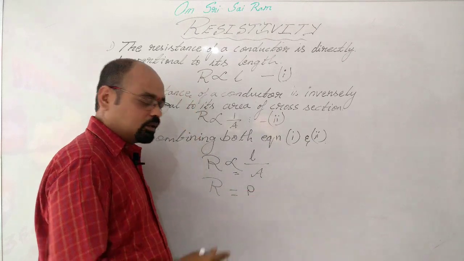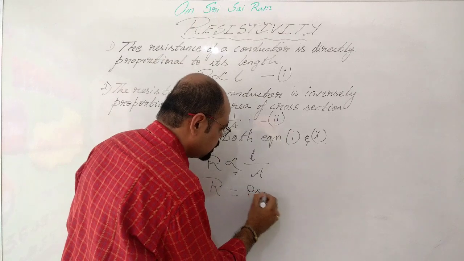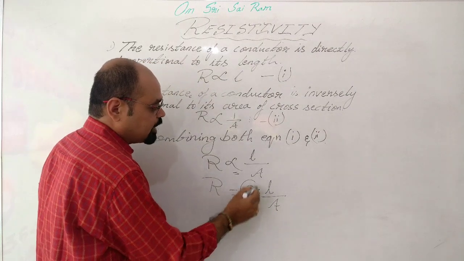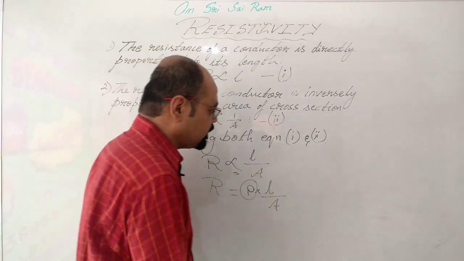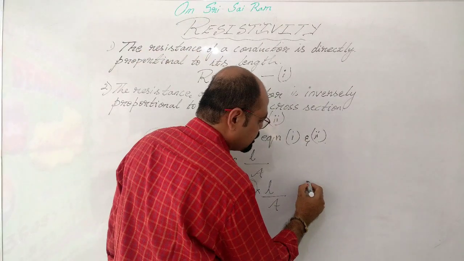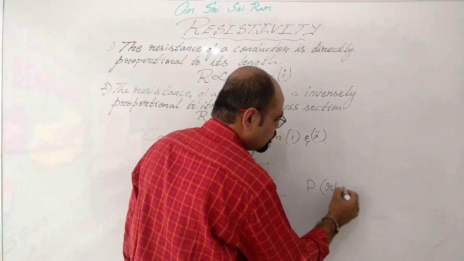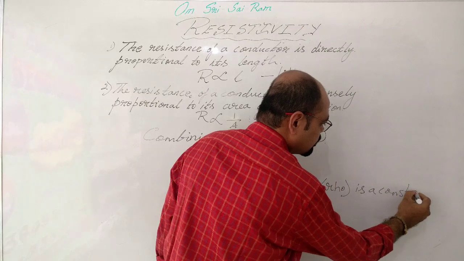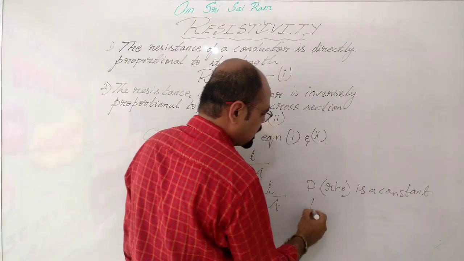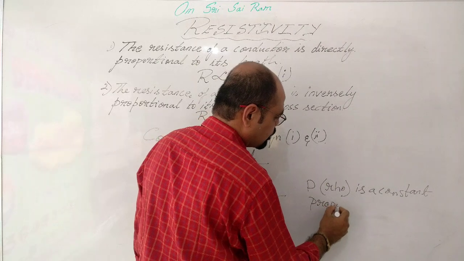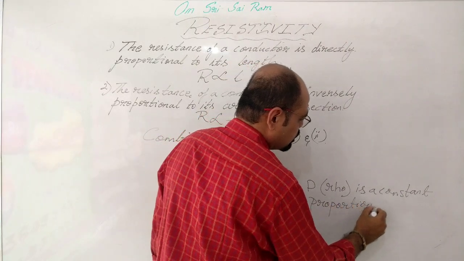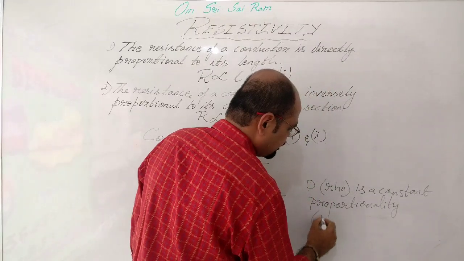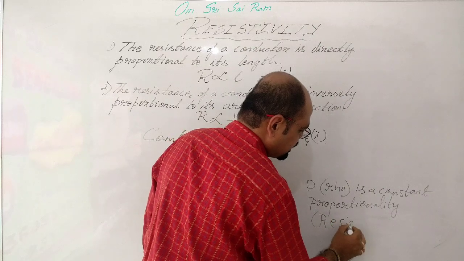We write R equals rho into L by A. So this constant of proportionality that we have got here is the resistivity. This symbol rho is a constant of proportionality, which is known as resistivity. We call it resistivity.